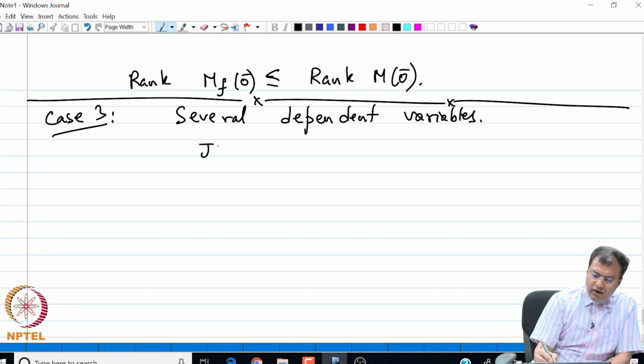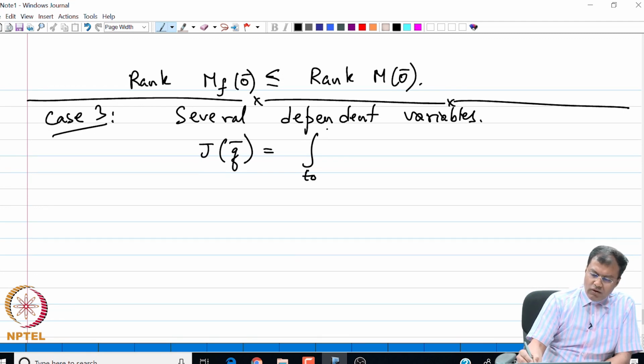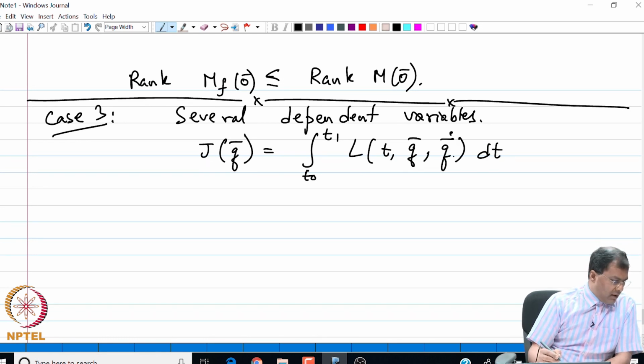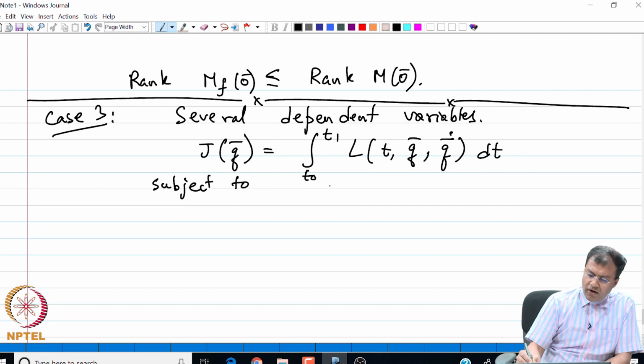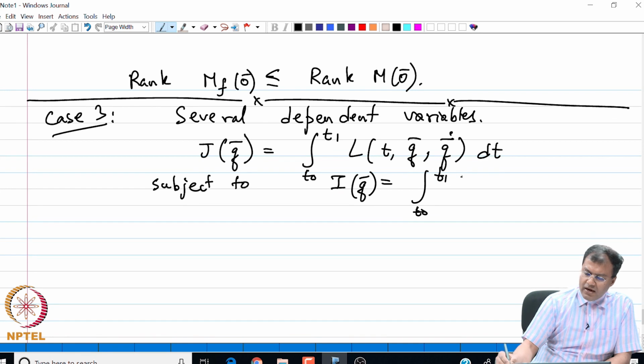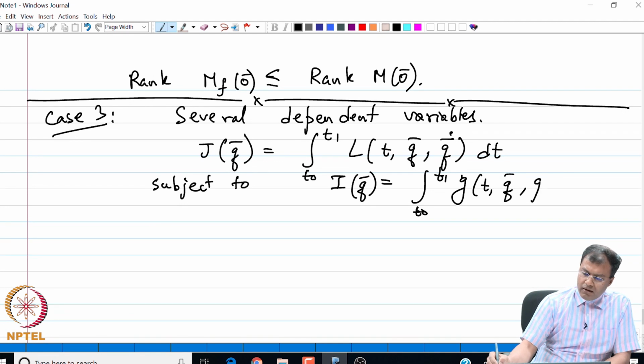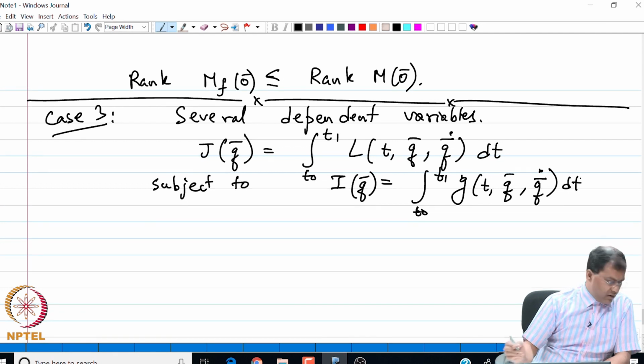So, we are talking about a functional of the form J of q bar, where q bar is a vector, the integral from t0 to t1 of L of t, vector q, vector q dot, dt, subject to the isoperimetric constraint of the form I of q bar, which is the integral from t0 to t1 of g of t, q bar, q bar dot, dt. Okay. So, we just look at the case with one isoperimetric constraint.